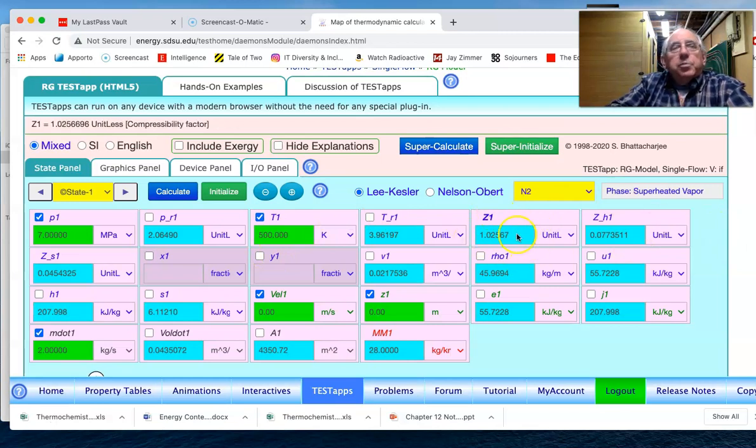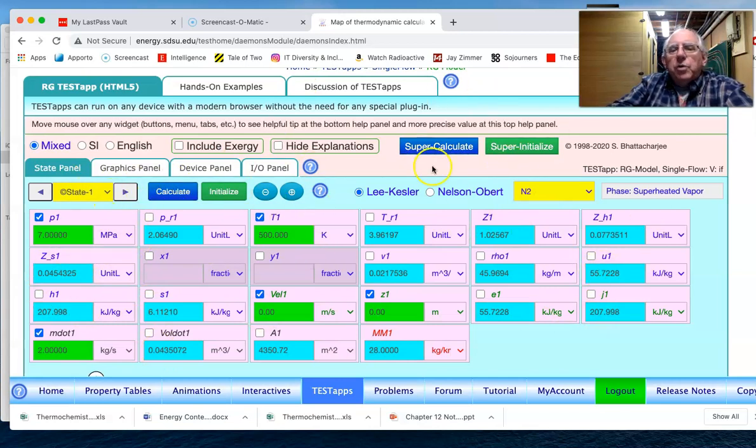We see that the compressibility factor, since we are quite removed from the dome because of the temperature and the pressure, is only off by 2%, 1.025, and so we're close to ideal behavior. If we were to do this problem with ideal gas, we would probably find very similar results. And so we have that information.